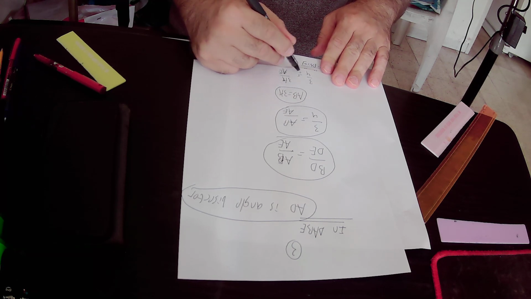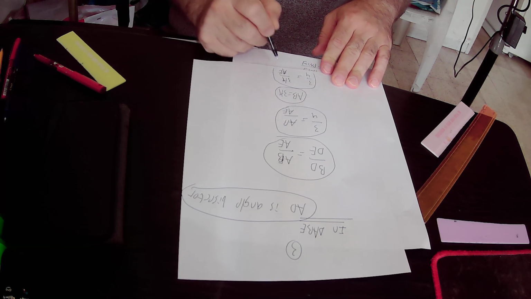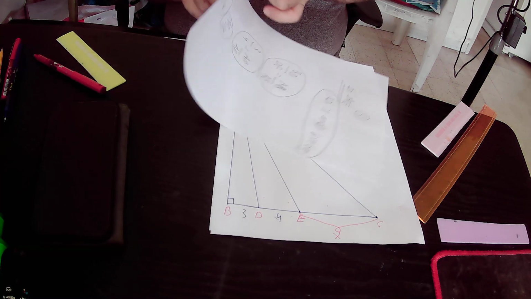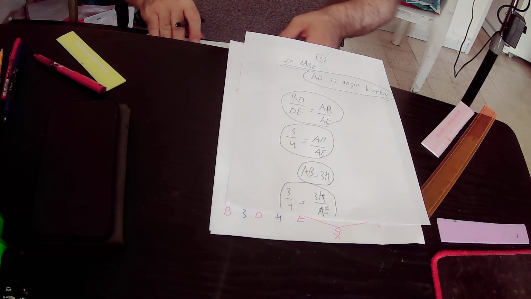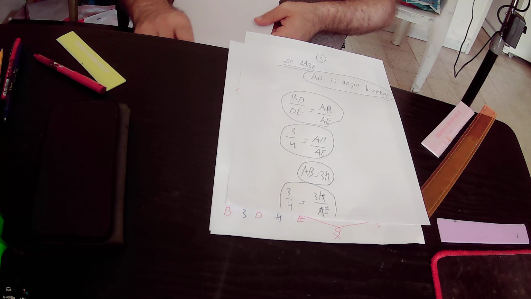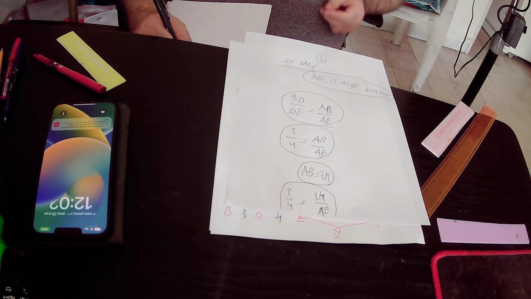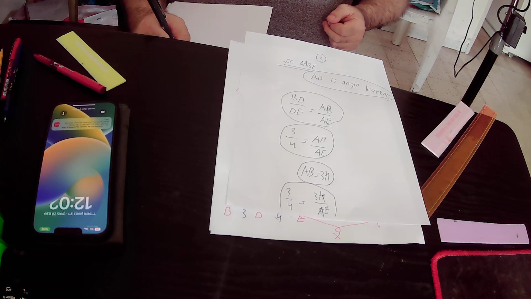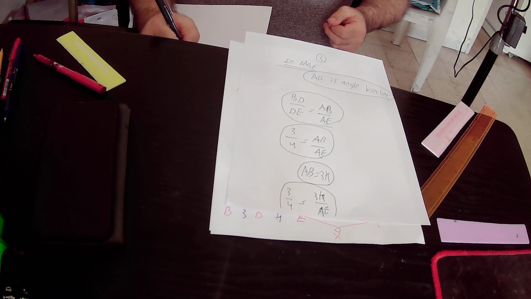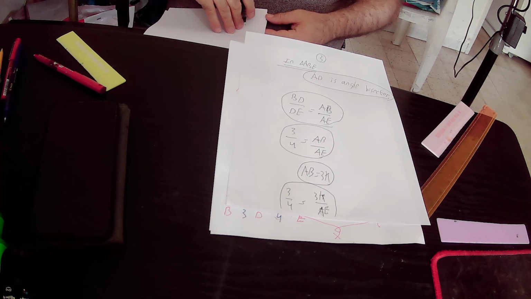Here we will multiply this equality by AE, and we will get that 3K equals AE times 3 over 4. Okay?